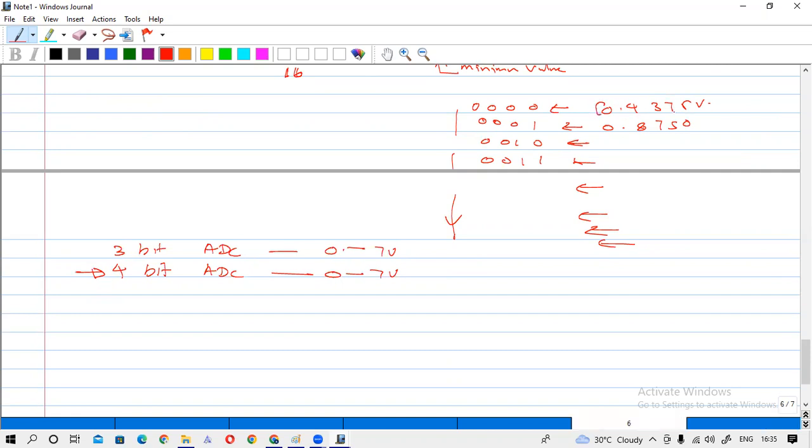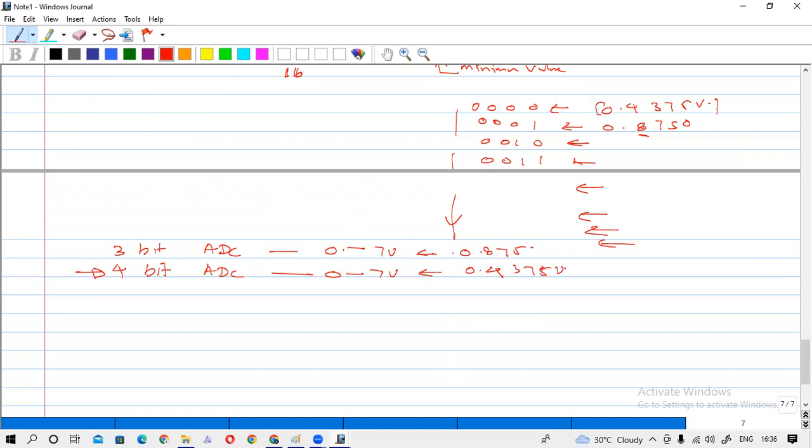With the 3-bit resolution, the minimum encodable voltage is 0.875, but with 4-bit resolution you can encode a smaller value.